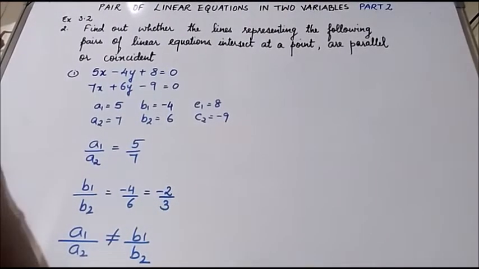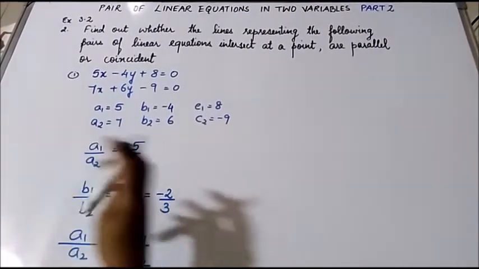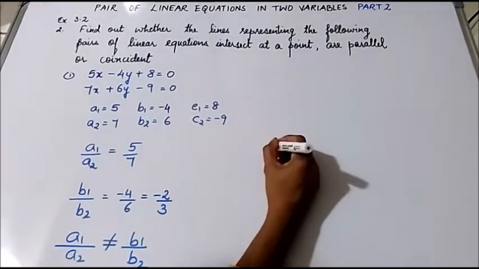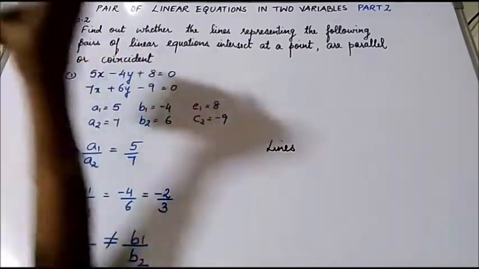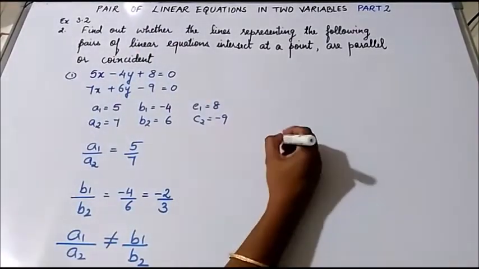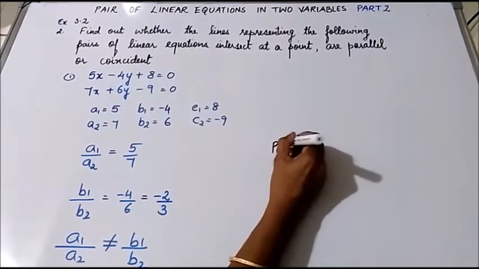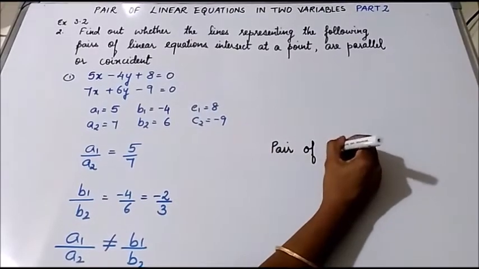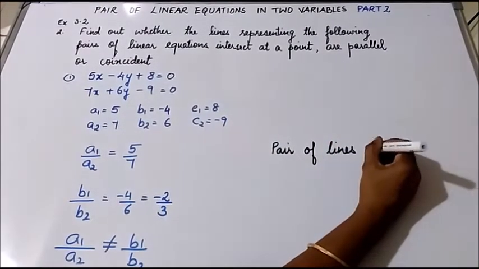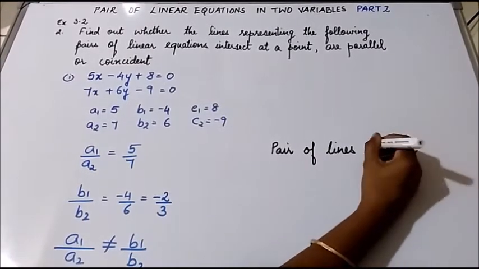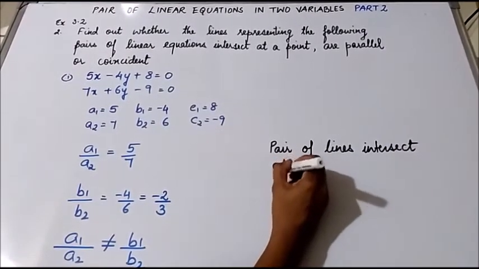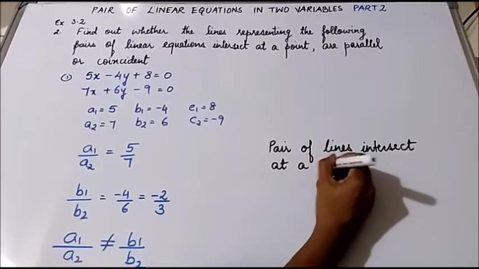Since they both are not equal, what do we get? We get the lines intersect at a point. We will write here, the pair of lines intersect at a point.